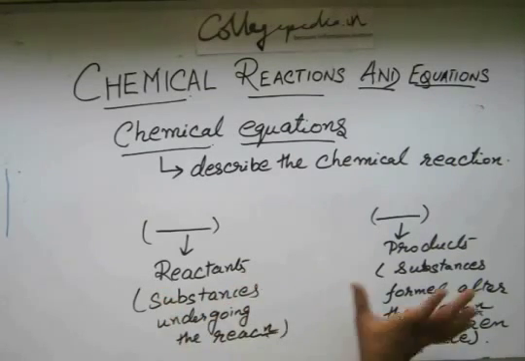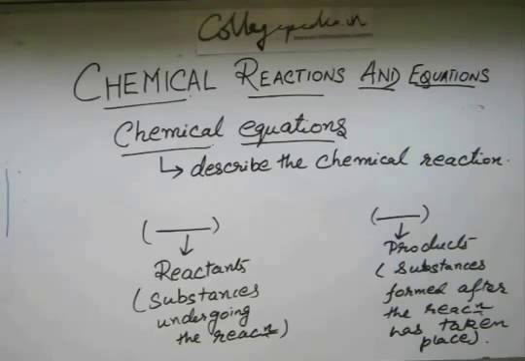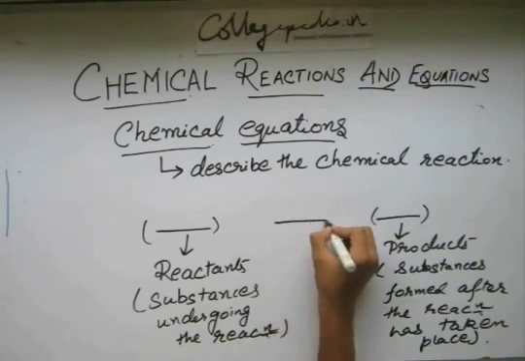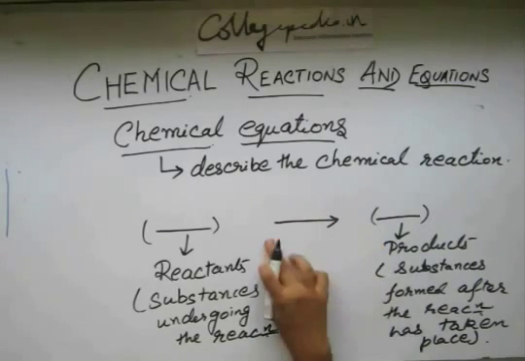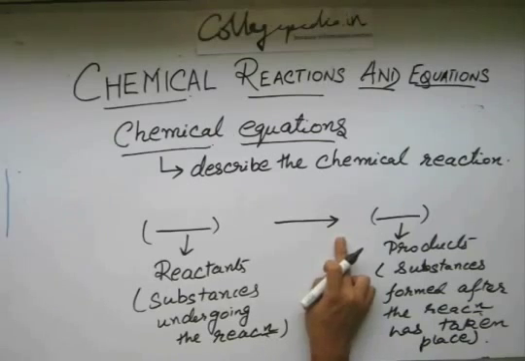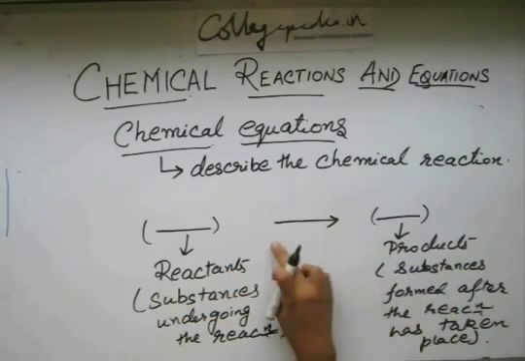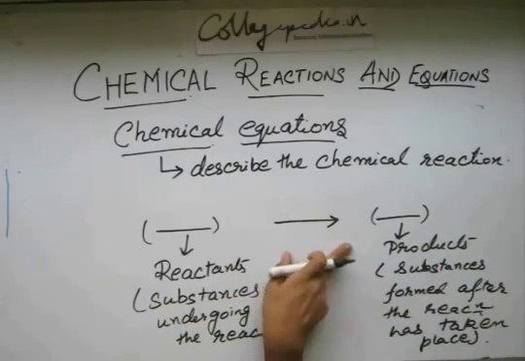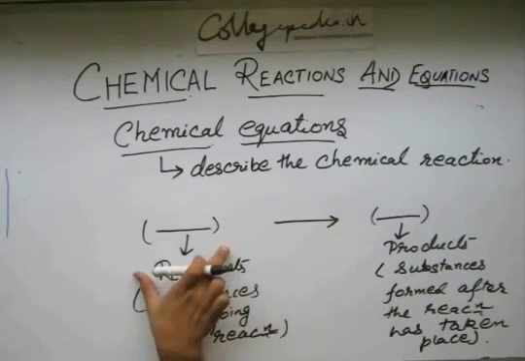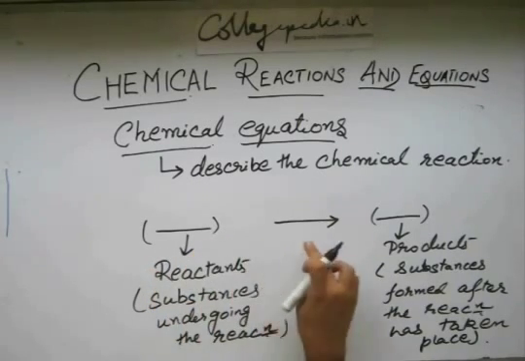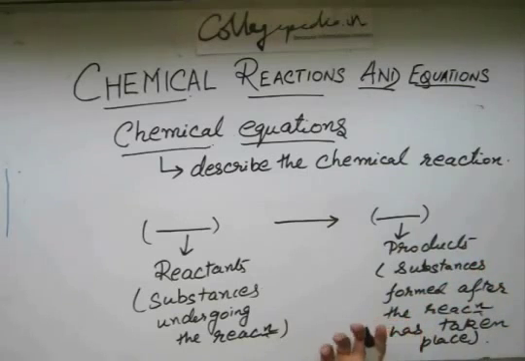So you have reactants and products. What you do, you just keep an arrow between the reactants and the products where the arrowhead points towards the product. It means that the reactants have changed into the products.